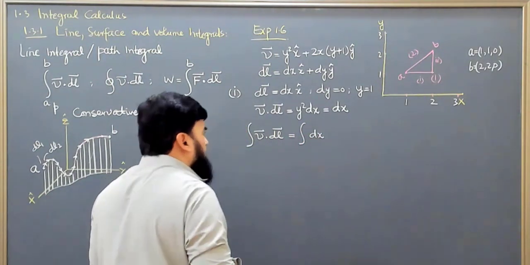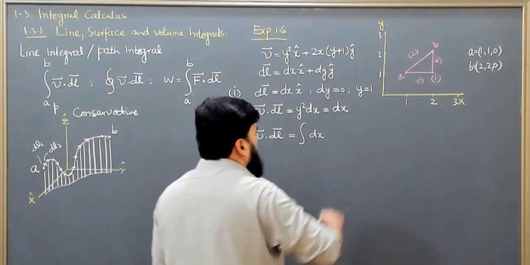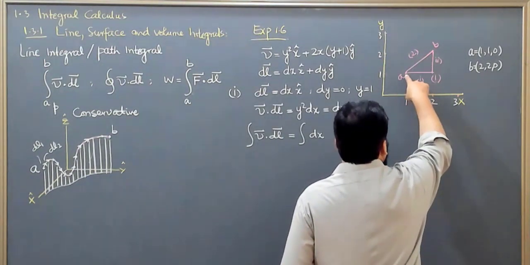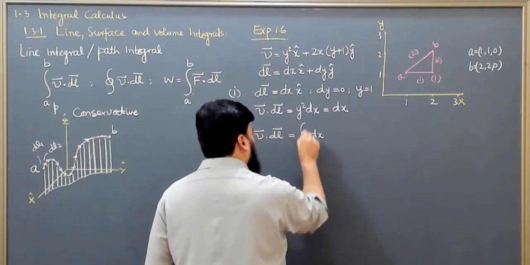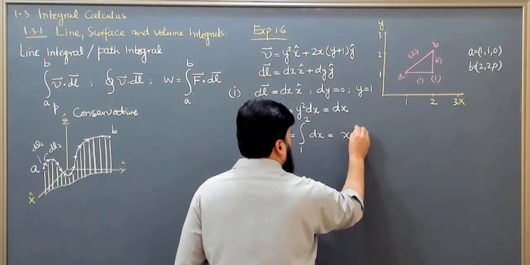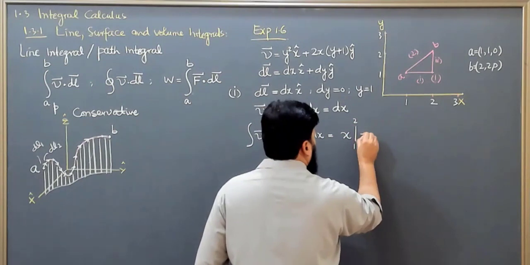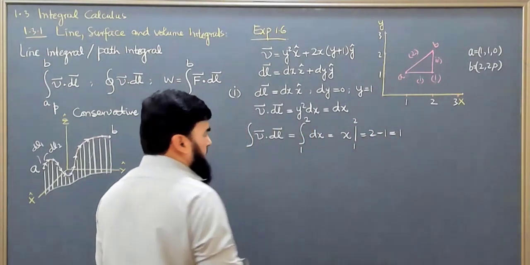And what about the points where it starts and ends? It starts along x from 1 and ends at 2, so this is from 1 to 2, and the answer is x from 1 to 2, which is 2 minus 1, equal to 1.